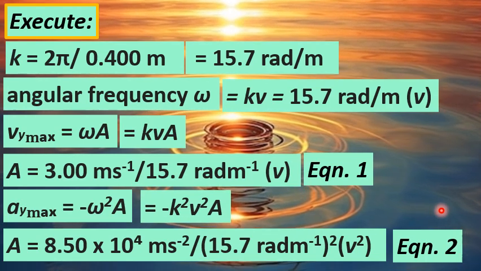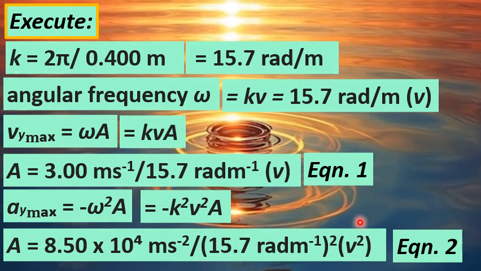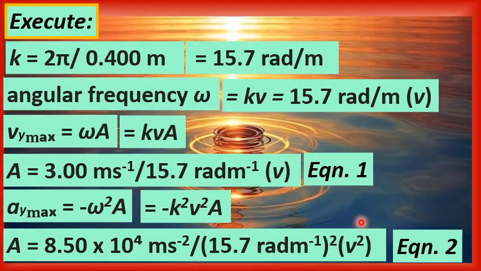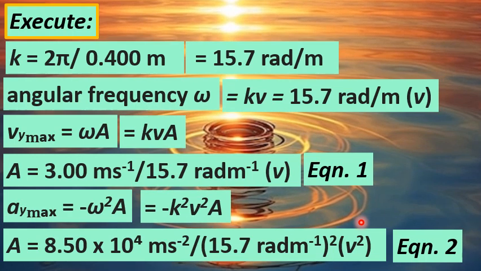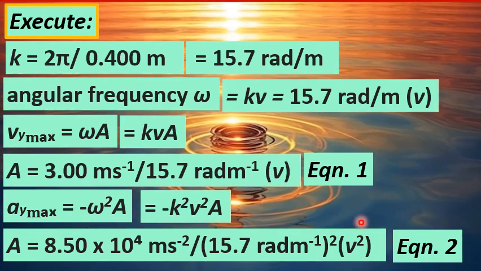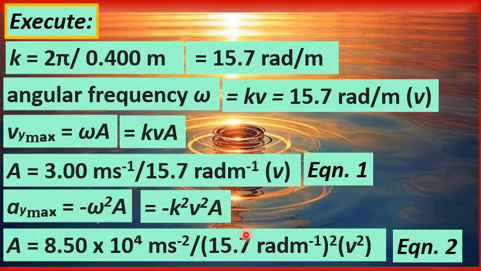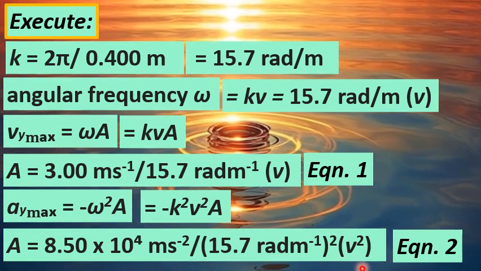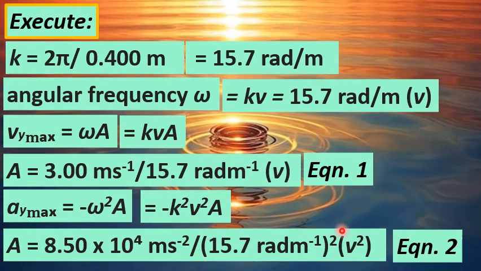In just a short while, we are going to determine these two unknown variables, or target variables, capital A, the amplitude of the wave, and the wave speed, small letter v, wave speed of propagation.